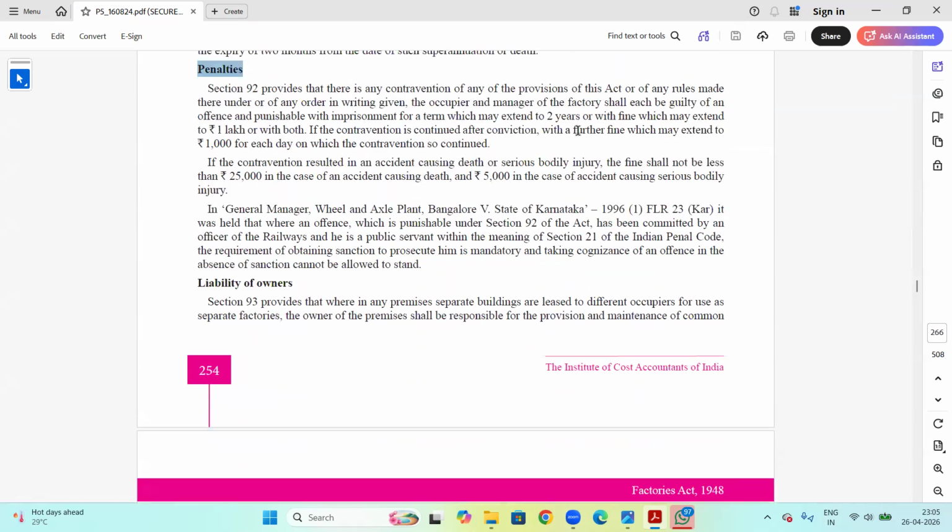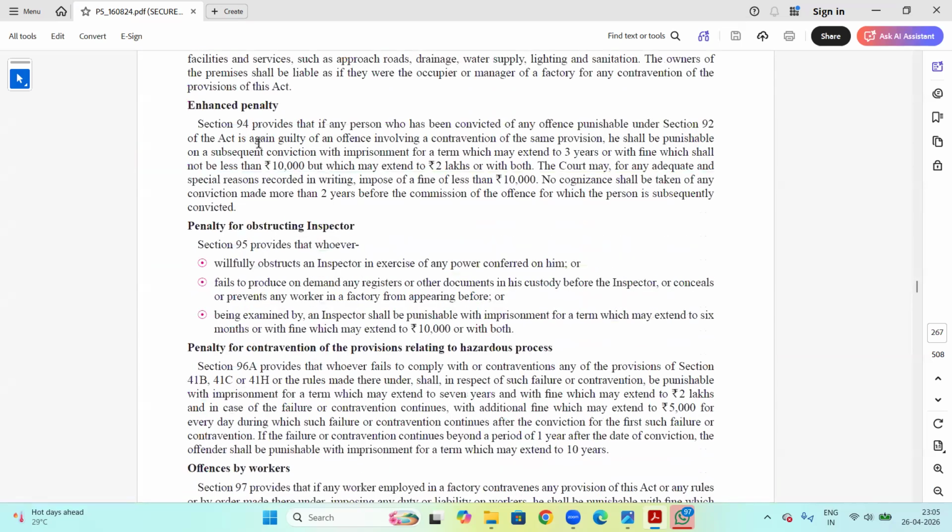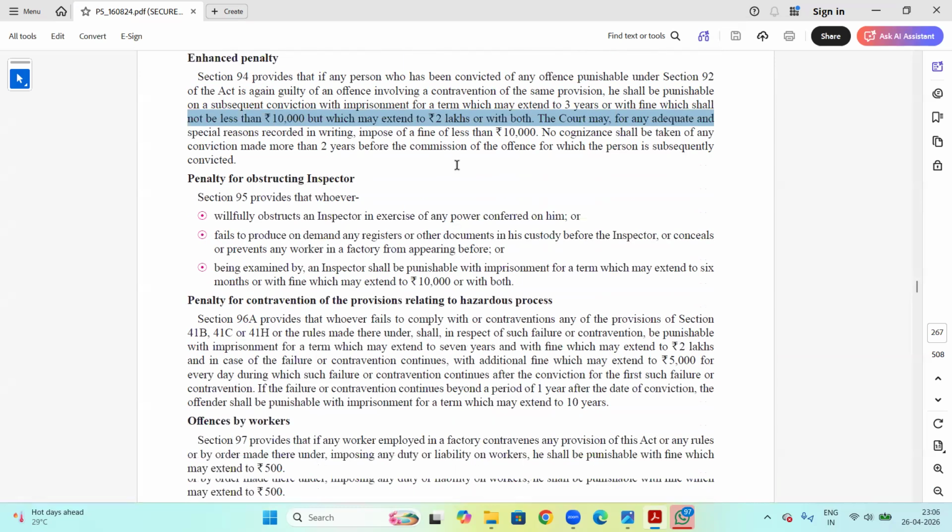A penalty is mentioned. If any violation is found, imprisonment up to 2 years, a fine which may extend to 1 lakh, and 1,000 rupees per day if contravention continues. If a violation continues, imprisonment up to 3 years, a fine not up to 2 lakhs, and a fine per day of 10,000. Fine 10,000 to 2 lakh.